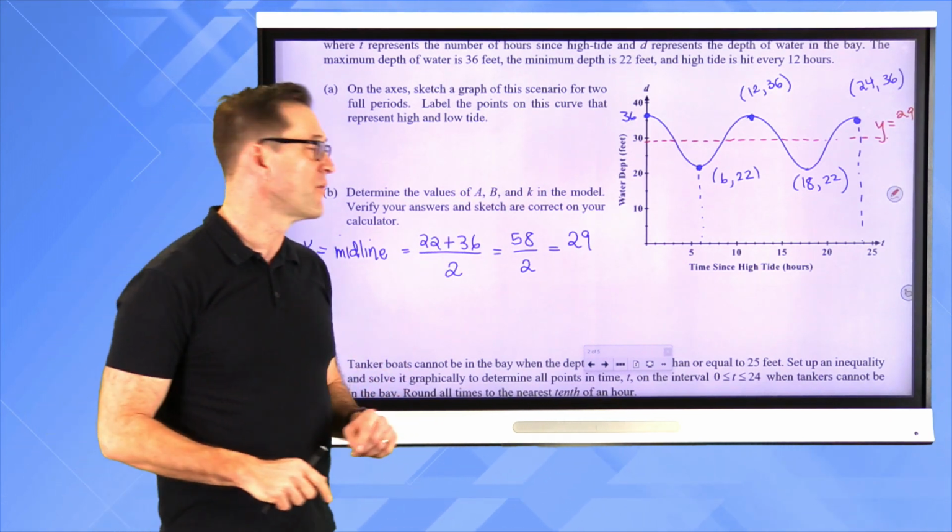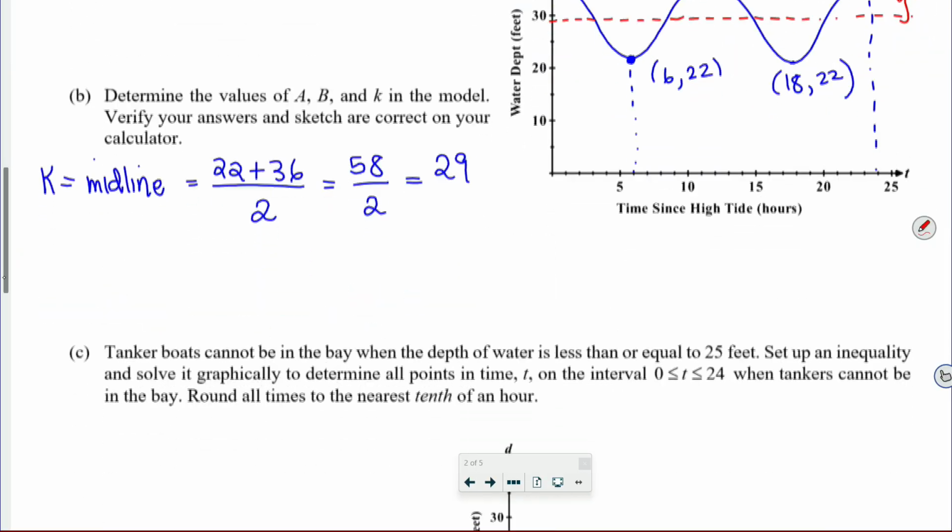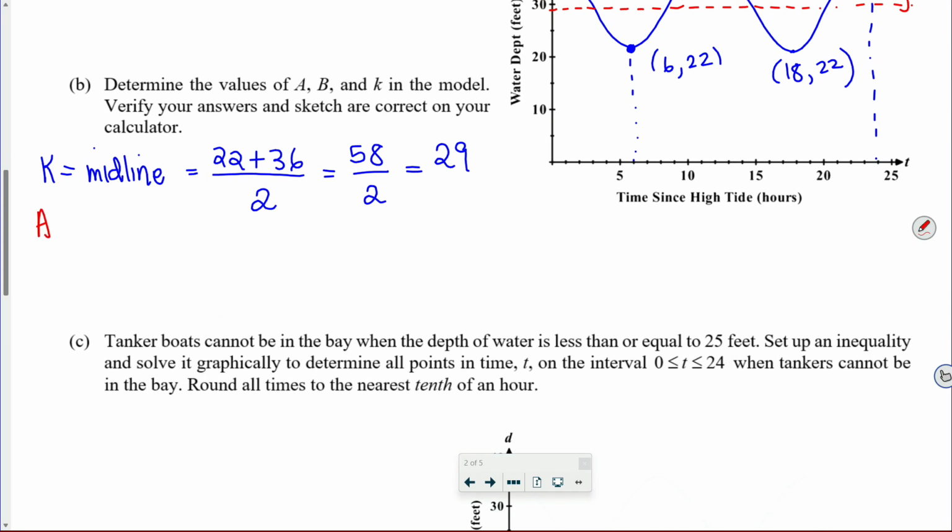Okay, now we want to figure out what our amplitude is. Now I know that A is positive. Let me go back to blue. I know that A is positive, so I don't really have to go through the absolute value of A, but technically speaking, my amplitude is the absolute value of A, and that's going to be my maximum minus my minimum divided by 2.